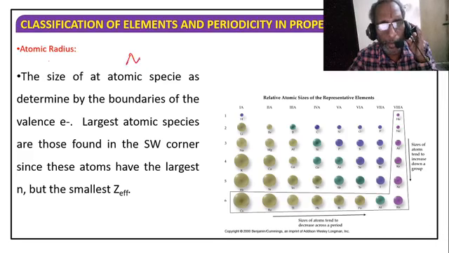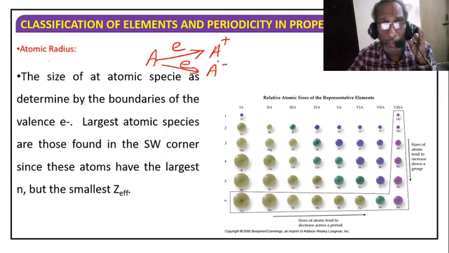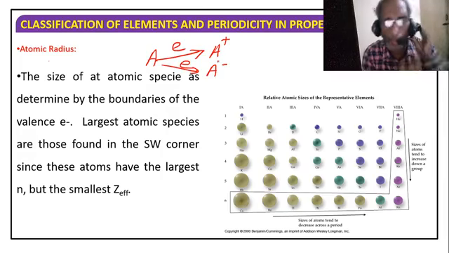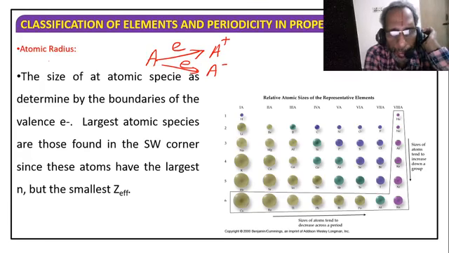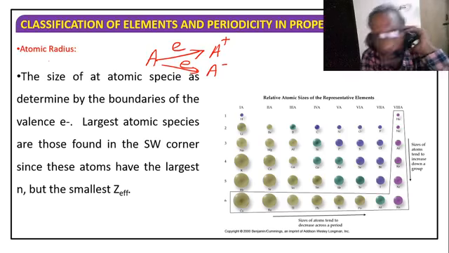Let us consider a general atom A. If it loses an electron, it becomes positively charged: one electron lost, one positive charge; two electrons, two positive charges. If it gains an electron, it becomes negatively charged.